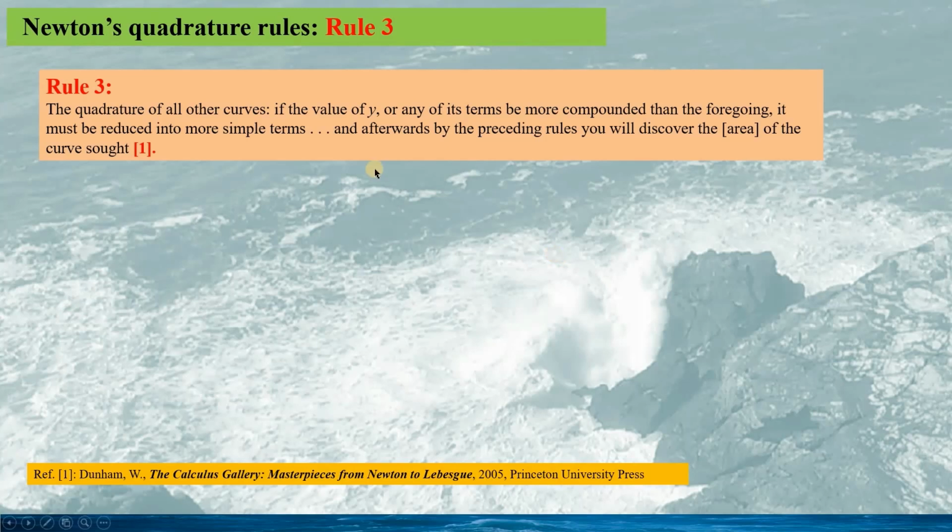The quadrature rule number 3 is for the quadrature of all other curves. If the value of y or any of its terms is more complicated, then it must be reduced into simpler terms, and using rule number 1 and number 2, we can obtain the area of the complicated curve.